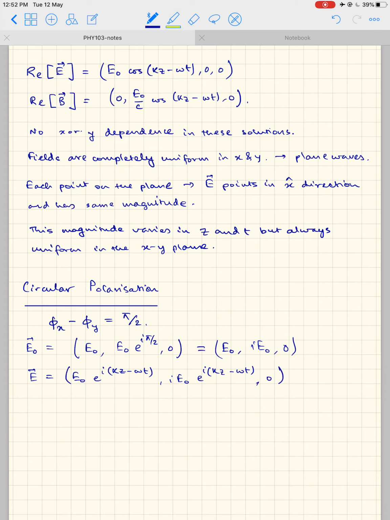If you write the real part of this down now, this is E naught cos(kz minus omega t), minus E naught sin(kz minus omega t), and 0.